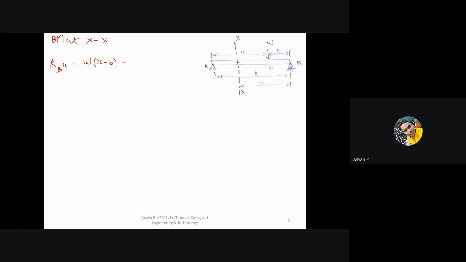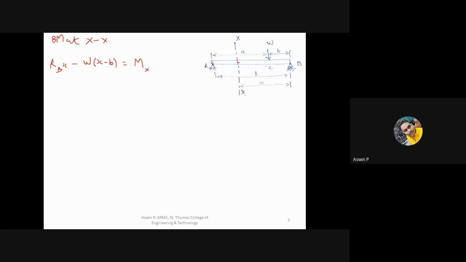This cannot be 0 because there will be some bending moment. So this will be the bending moment M at the section XX, that is MX. So we have the bending moment equation as RB into X minus W into X minus B.